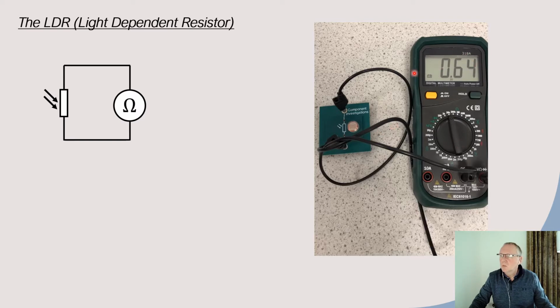Okay, so you just need to watch the screen when I click play, watch what happens when I cover the LDR. So just now there's a certain amount of light reaching the LDR, and what I'm going to do is cover the LDR, and what that's going to do is decrease the amount of light and see how that affects the resistance.